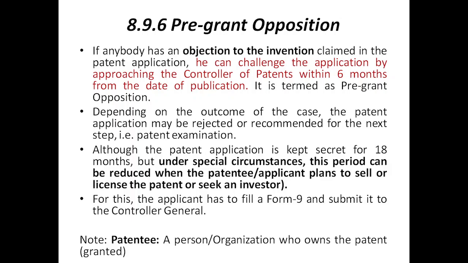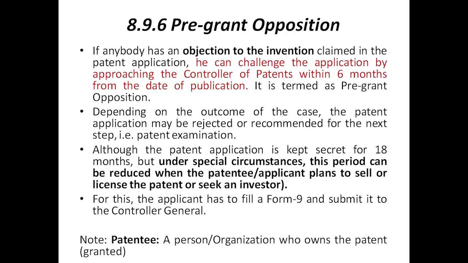Although the patent application is kept secret for 18 months, under some special circumstances this 18-month period can be reduced. What are the situations? Imagine a patentee. Patentee means if you have filed a patent, then you are a patentee or an applicant.